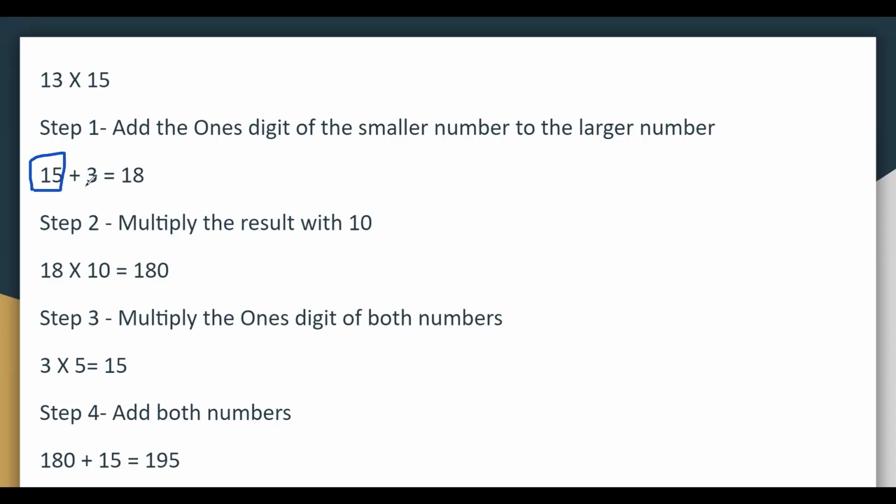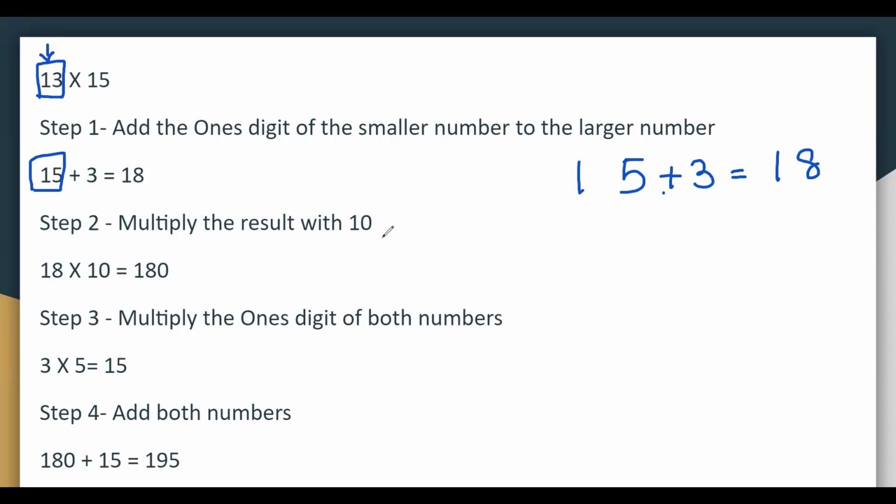So we take 15 and then the smaller number's ones digit. Here, 13 is the smaller number, so the ones digit in 13 is 3. So we just have to add the 3 to the 15 and we get 18. So this is your first step.